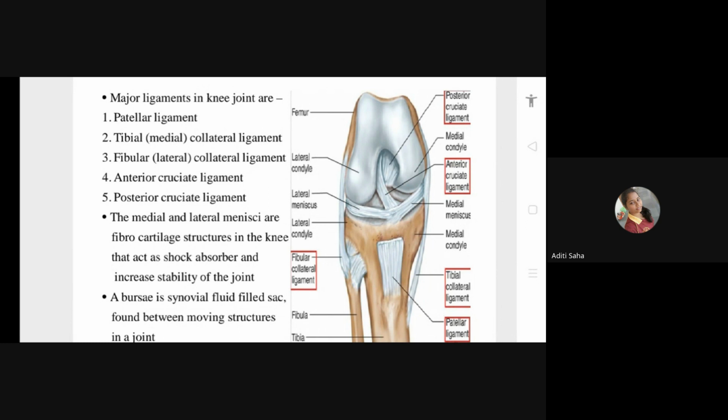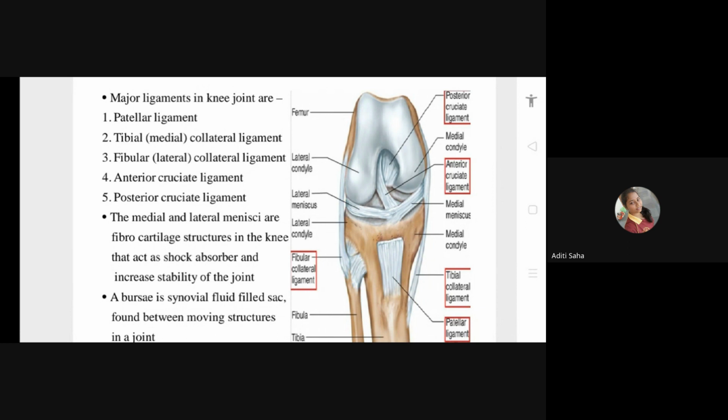Here in this picture you can see it has been highlighted by red color, first, the patellar ligament. You can see it at the bottom portion, where the tibia is starting. The patellar ligament is present there, which is joining the patella to the tibia.